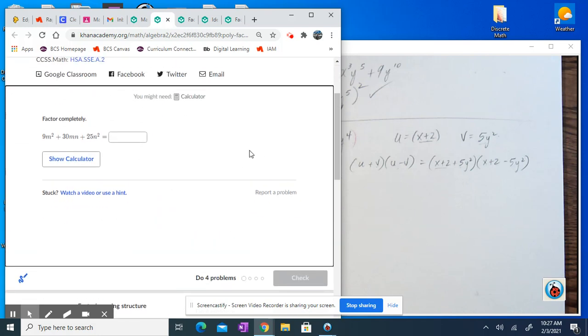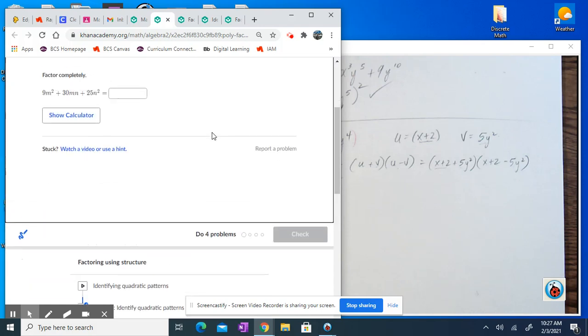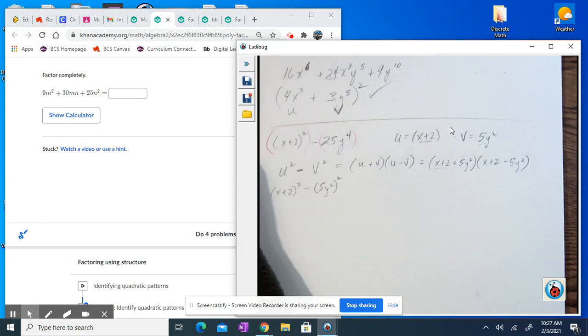So basically, it's doing the same thing we just did, but without the hints, right?